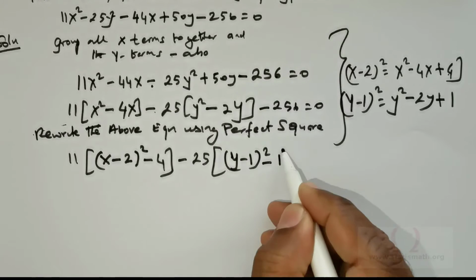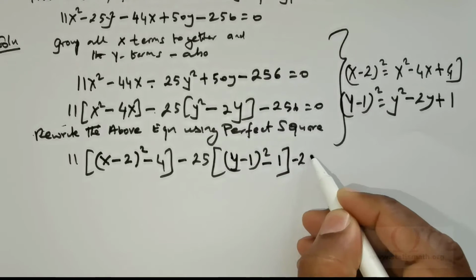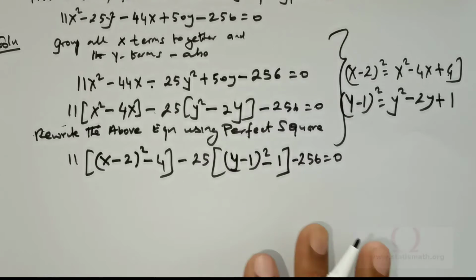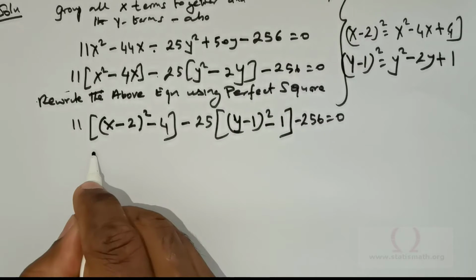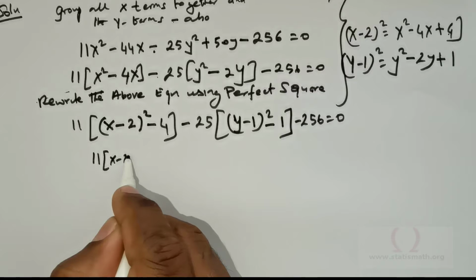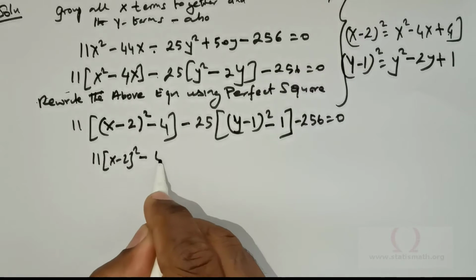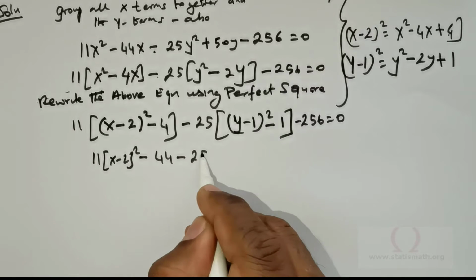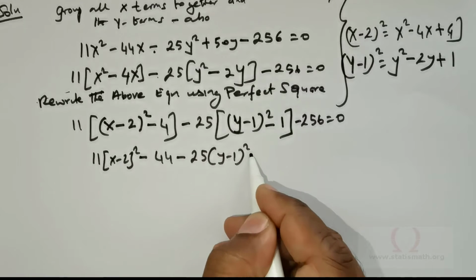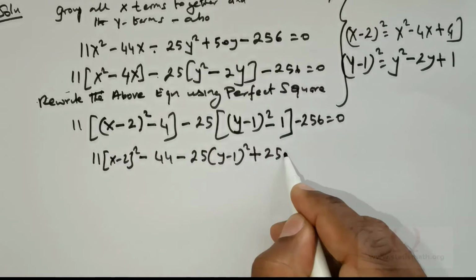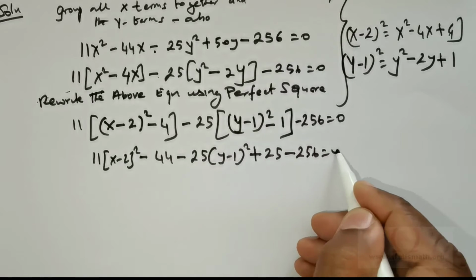So I remove that positive 1 followed by negative 256 is equal to 0. So this is going to be 11 times x negative 2 raised to the power 2 negative 44 negative 25 times y negative 1 raised to the power 2 positive 25 negative 256 is equal to 0.